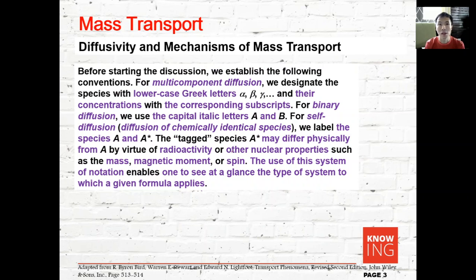Before we start the discussion, it's important for us to establish a convention. For multi-component diffusion, we will use the Greek letters alpha, beta, gamma.